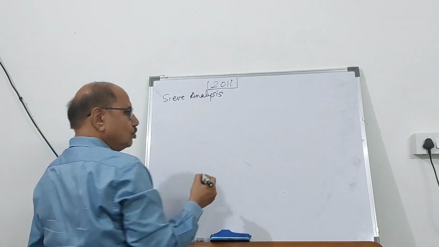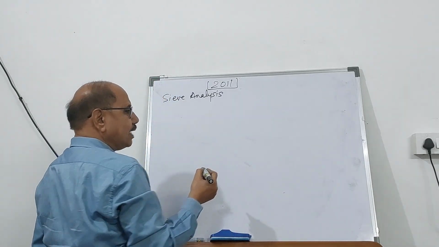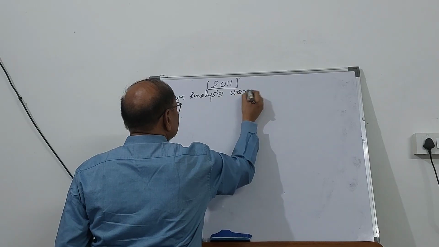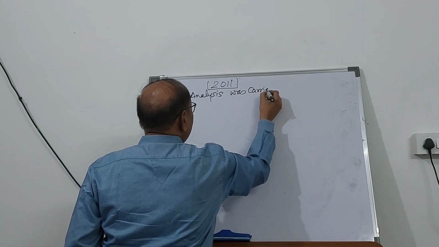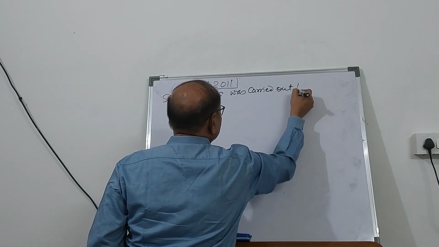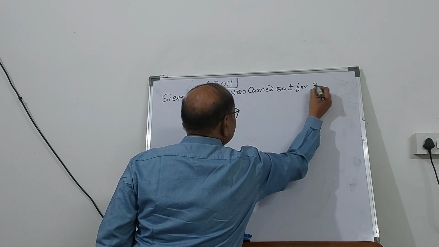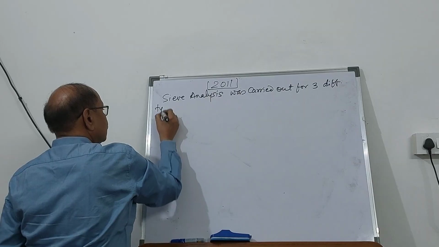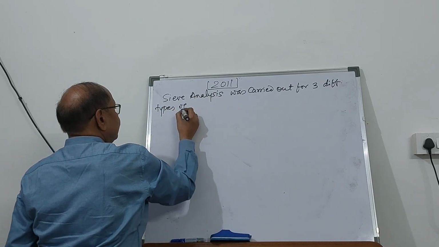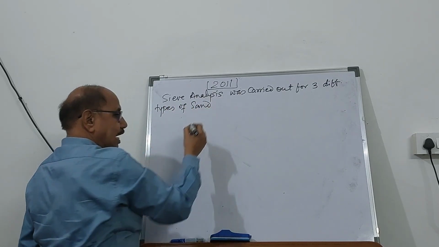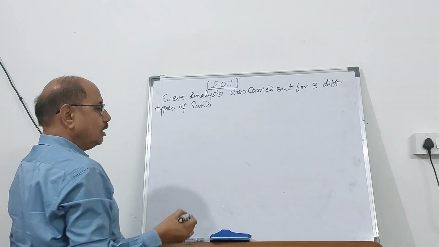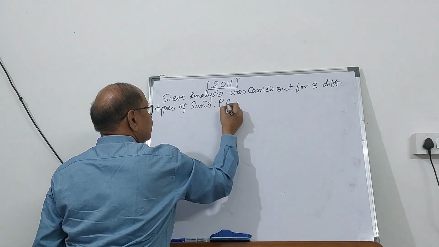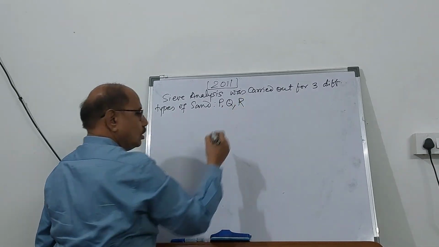Sieve analysis was carried out for 3 different types of sand, labeled as P, Q, R sand.